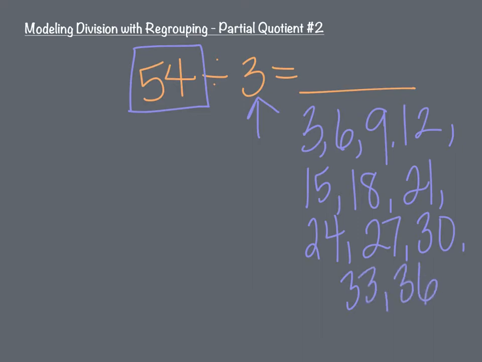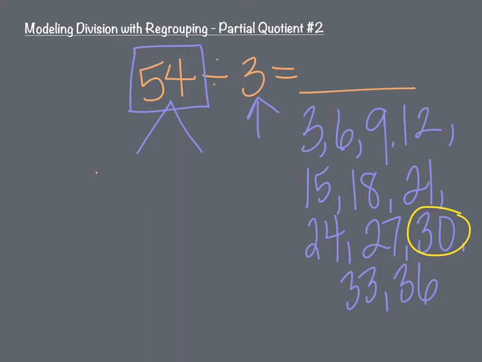Okay, let's stop there. Now, as I'm pulling this 54, I'm going to break it apart to make it smaller. So let's grab some 10s. Look at your multiples of 3 and tell me what 10 do you hit? What multiple of 10 do you hit? Excellent, the 30.